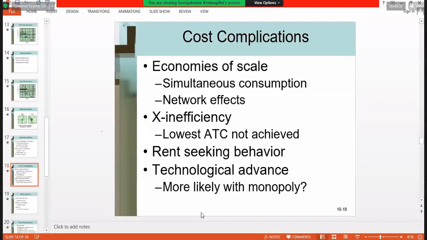So now, the monopoly is like a license. To keep the license, they have to give money to government officers or ministers like that. So then the cost is because of rent-seeking behavior. For their benefit, they spend money in different ways.